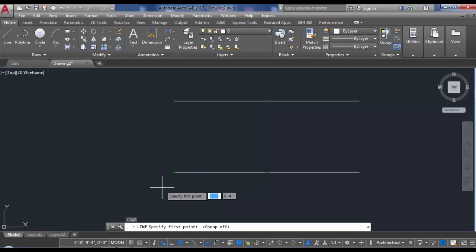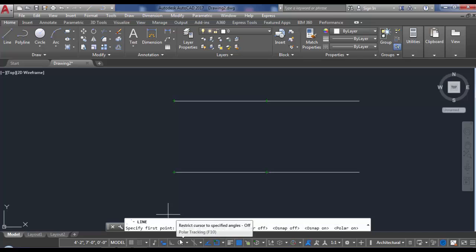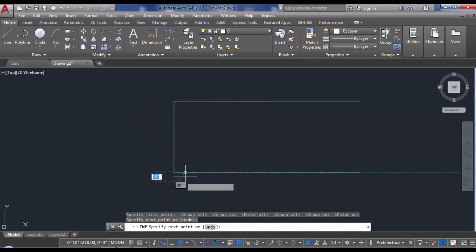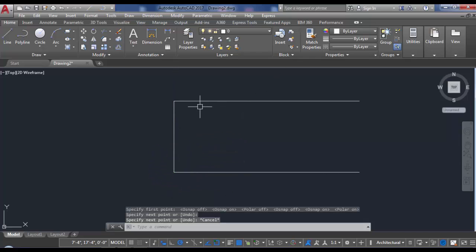If I keep O snap on and go close to this, it catches it, so I can join these two.